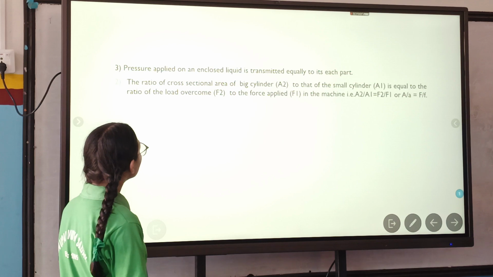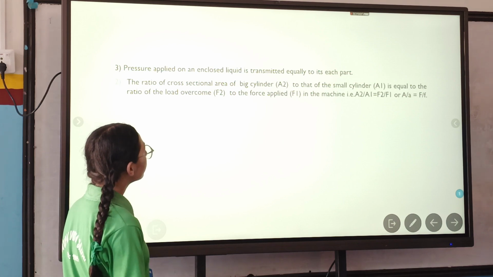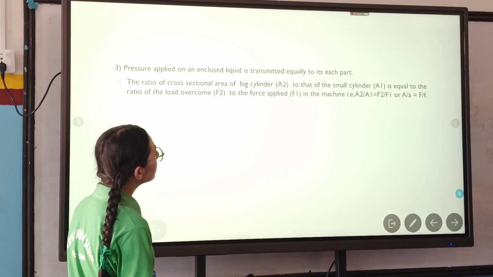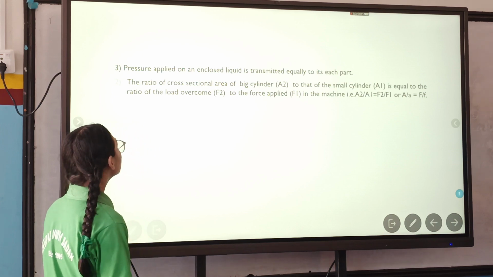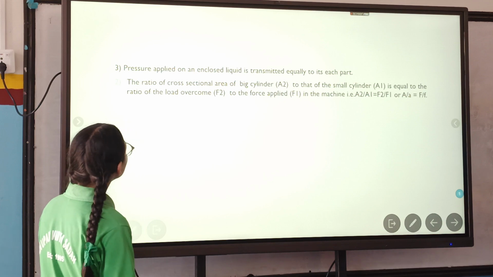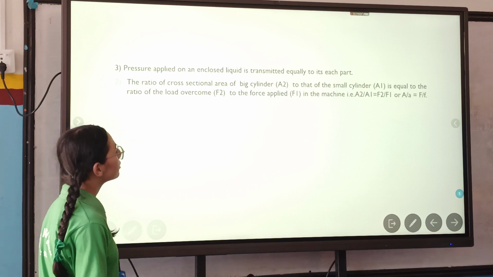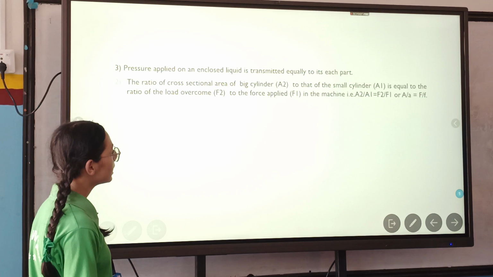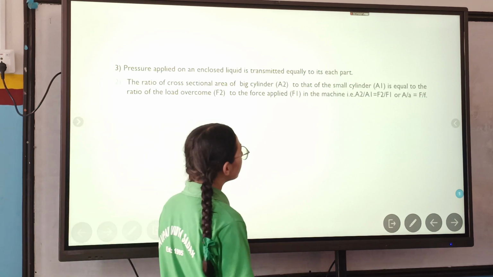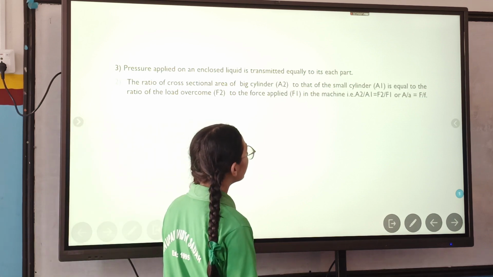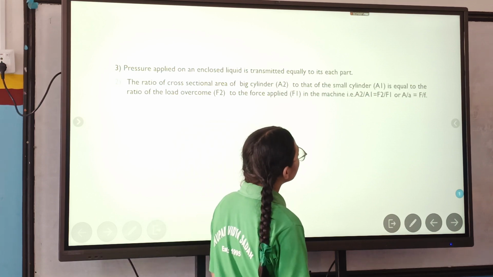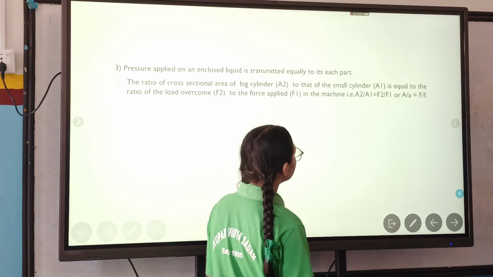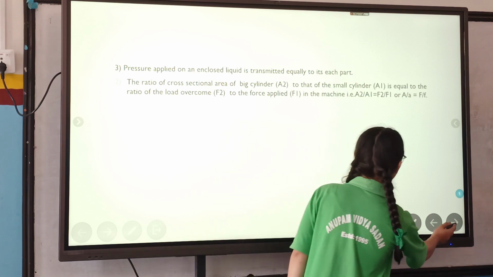The ratio of cross-sectional area of the big cylinder to that of the small cylinder is equal to the ratio of the load overcome to the force applied in the machine. That is A2 by A1 equals F2 by F1, or capital A by small a equals capital F by small f.